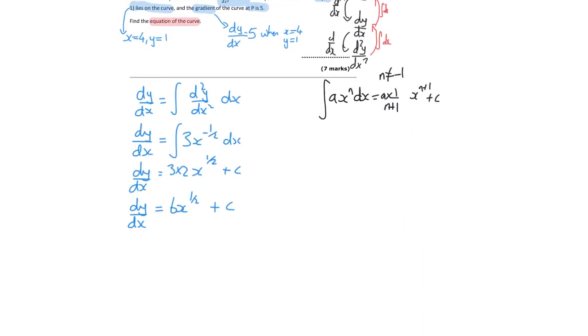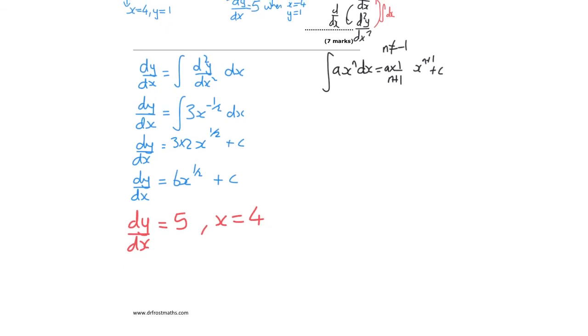However, the question tells me from my translation step, dy by dx equals 5 and x equals 4 at the same time. So I can use that information to hopefully find out what c is. So I know that dy by dx, 5, equals 6 times 4 to the half plus c. Well, if we work out what 6 times 4 to the half is, power of half means square root. Square root of 4 is 2.